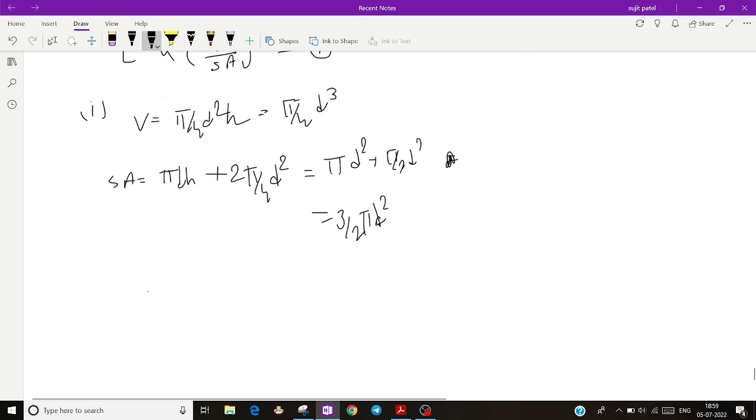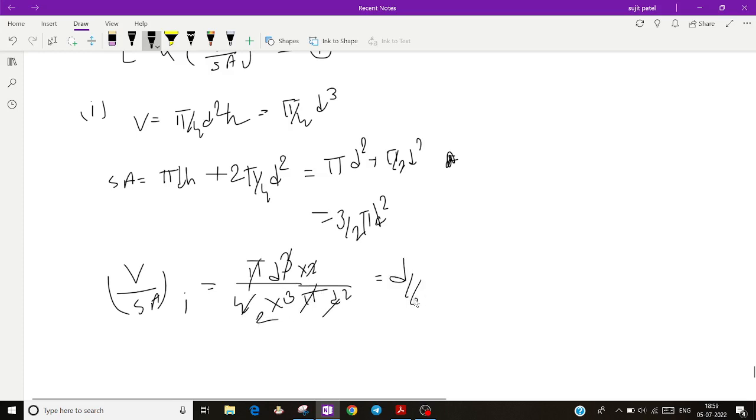Now take the volume upon surface area ratio for the first cylinder: pi by 4 d cube over 3 by 2 pi d square. When you cross out the extra terms, you will get d by 6.